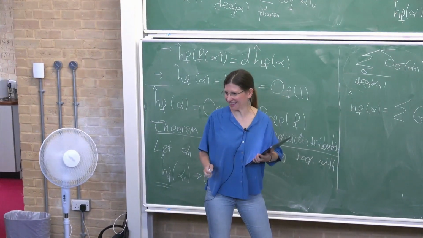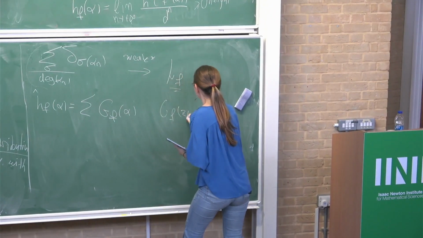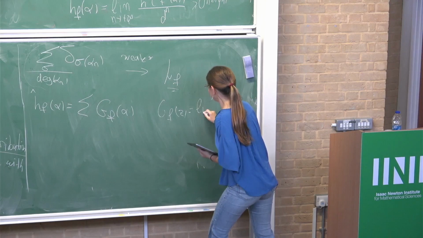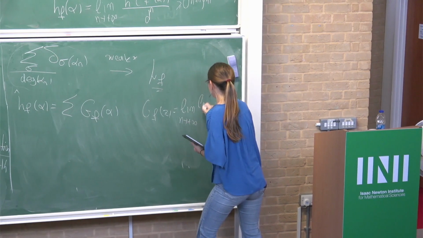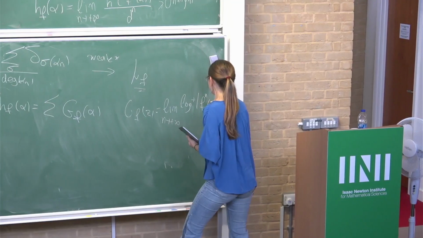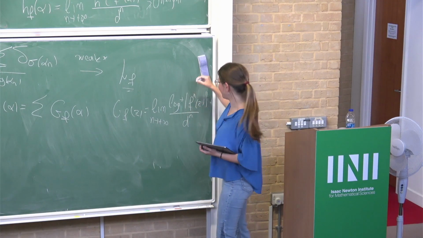The green function of the polynomial. Say the escape rate. So many names. Literally the escape rate, if f is a polynomial.